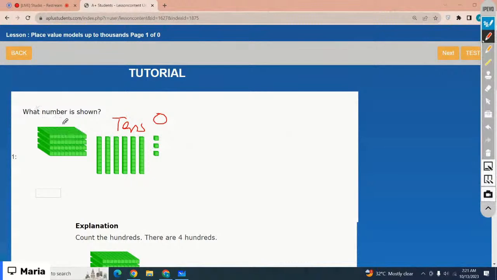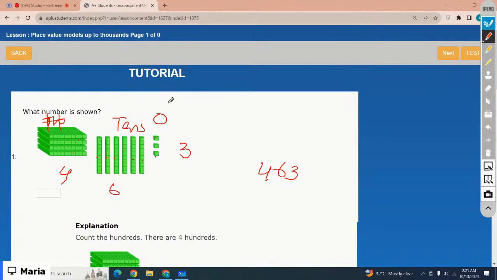You have 10 like this and 10 like this, so that means on one block you have 100 small squares, right? So you have three ones, 1, 2, 3, 4, 5, 6 tens, and 1, 2, 3, 4 hundreds. So the digits they make together are 463. Got it?